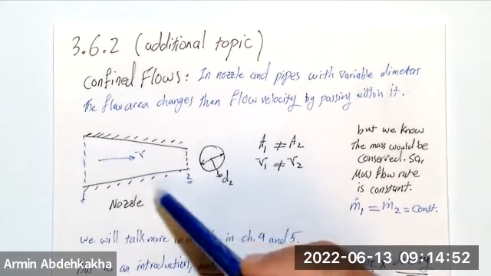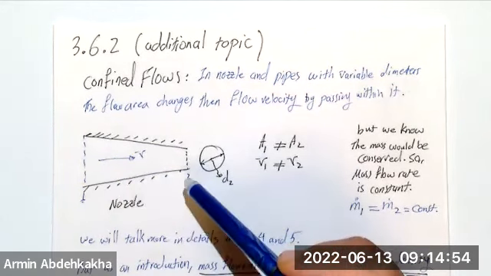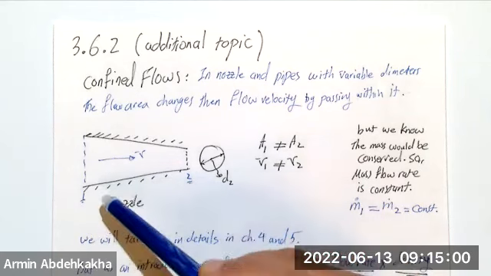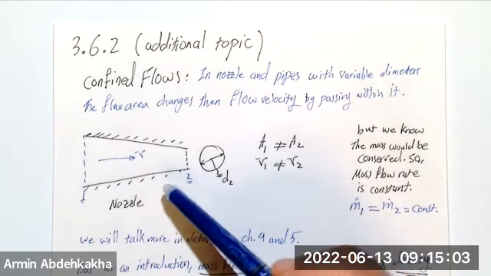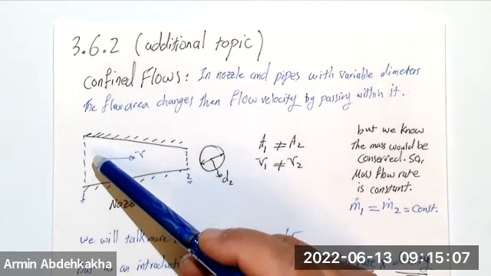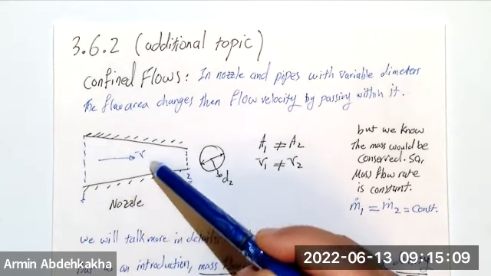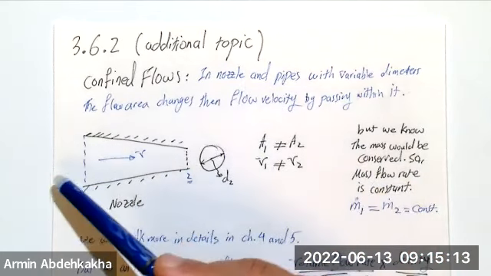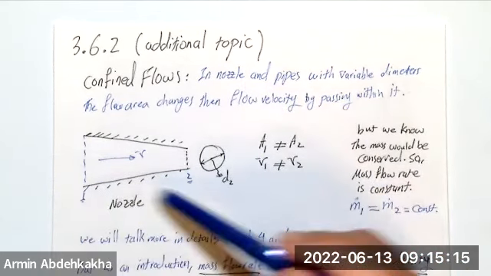But since the area is changing and the velocity is not constant, and it changes from 1 to 2 passing through this pipe, then you should have a Pitot static tube here, here, here, and all these points to have a velocity profile as a function of x, right?